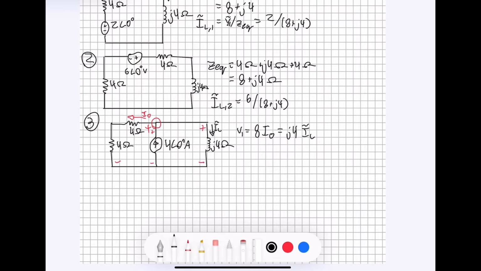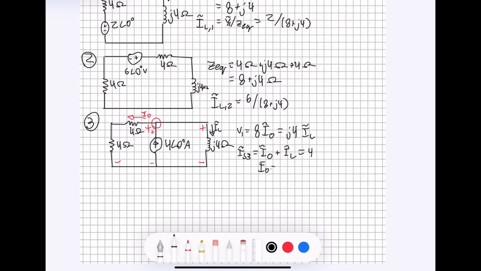Because we know that the current coming into this junction here has to be equal to the current coming out in these 2 directions, we can write that the current from source 3 must be equal to I naught plus, let's write it tilde there, the current going into the inductor, and the current coming from source 1 is given to us as 4. Now that we have 2 equations and 2 unknowns, we can solve.